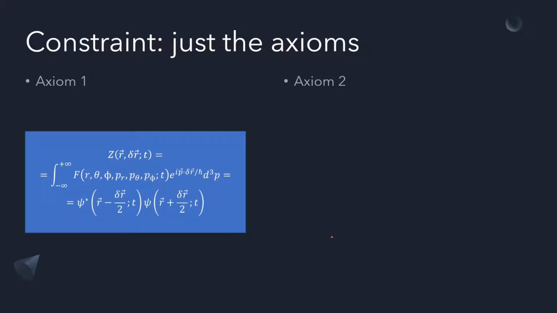Okay, the first thing to do is to write the first axiom in the coordinate system we want. Here it is written in spherical coordinates, in both the configuration and the momentum space, phase space, which is here written also in the same coordinate system, but only expressed in terms of vectors.